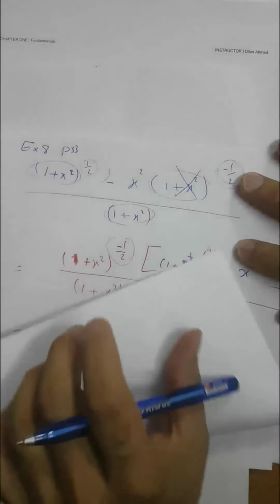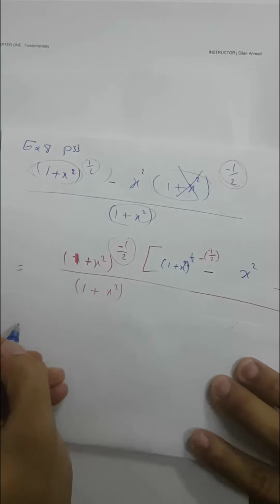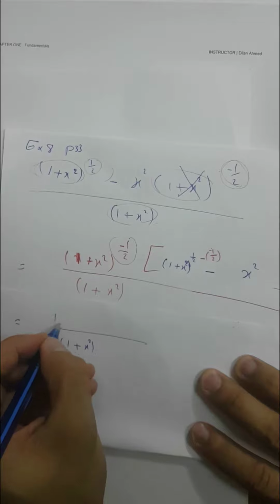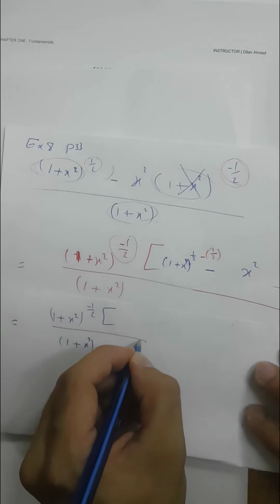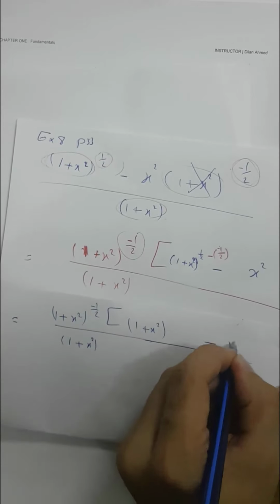Okay, I will repeat this step for you. It is equal to 1 plus x squared. Now 1 plus x squared, we took this one as a common. It remains 1 plus x squared minus x squared.